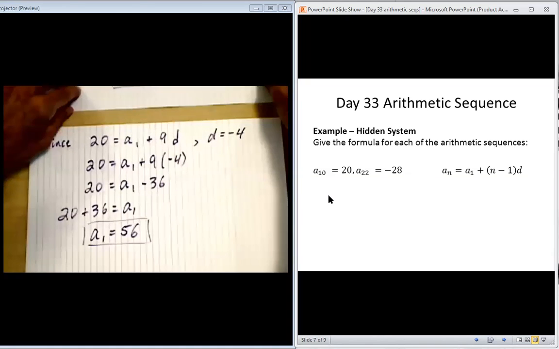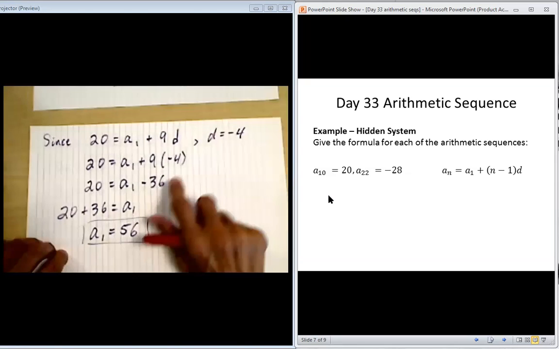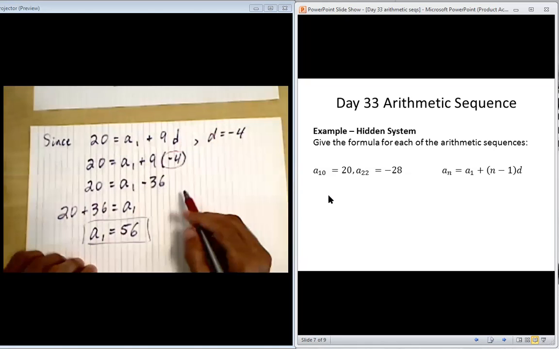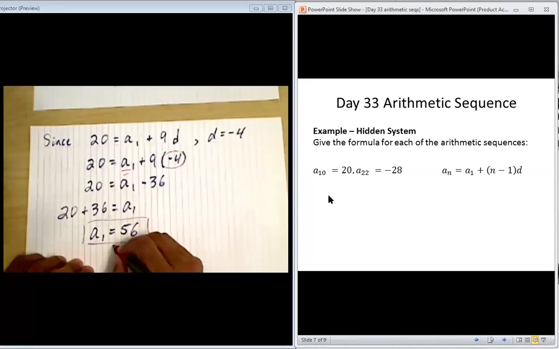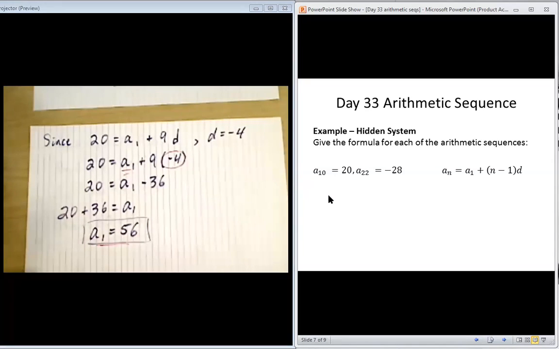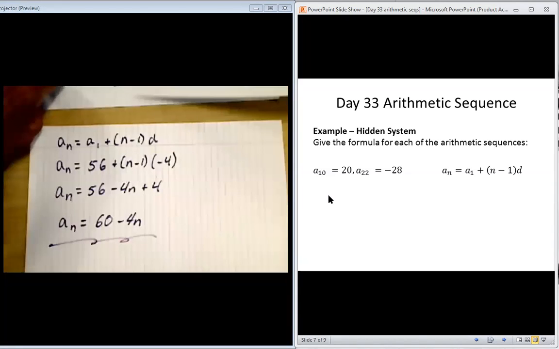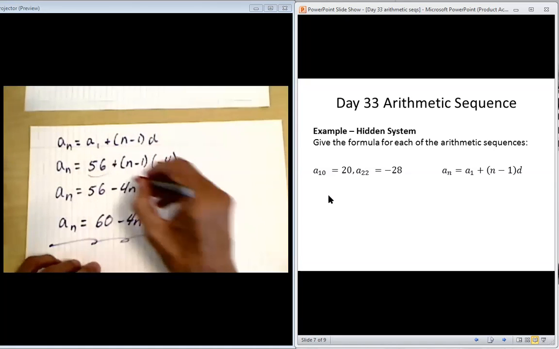Okay. So there it is. That's the -4 now showing up that we just found. Solving for A1, we do that and we get it. What does that allow us to do? It allows us to get the general formula now. We got A1, which is 56, which we just got.